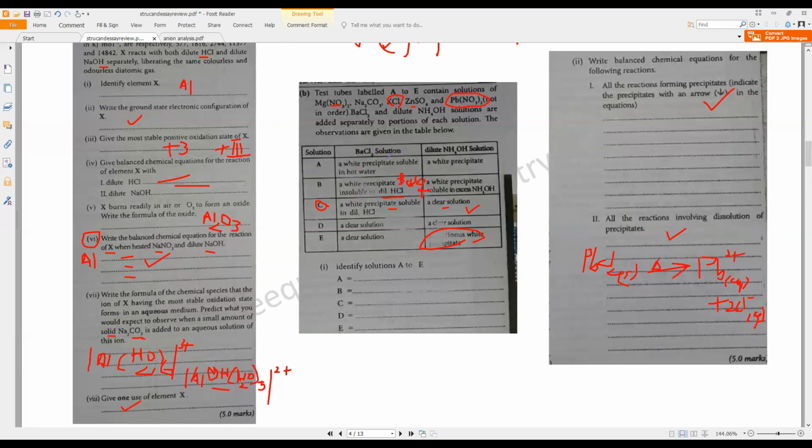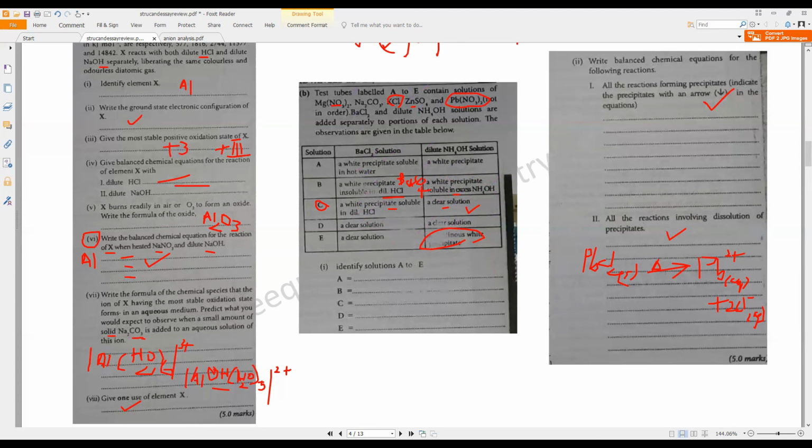For example, this one. And here you need to explain that in excess NaOH, it is soluble. So you know that zinc hydroxide is formed. Then to zinc hydroxide, you add another ammonia. Then you write down the zinc tetraammine 2+ complex. So you can write that here. And there is no other dissolution of precipitates here, but there is here in HCl.